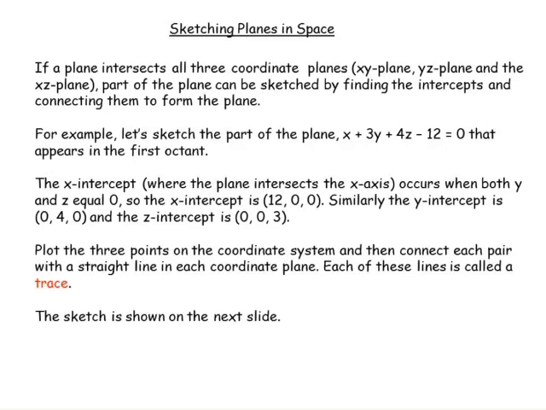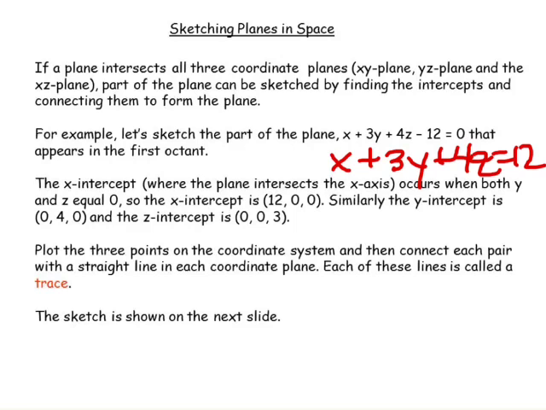So we're going to start out with this equation right here. And the first thing I would do is move the constant over to the other side. So x plus 3y plus 4z equals 12.